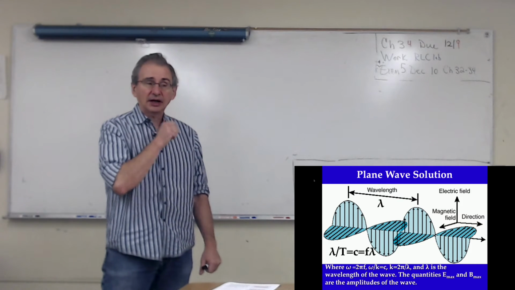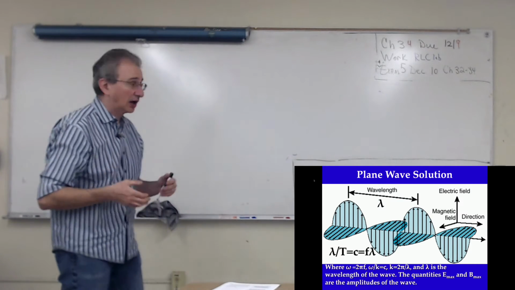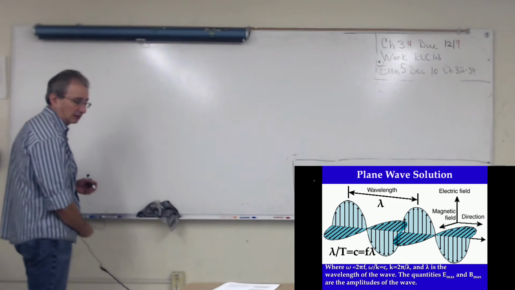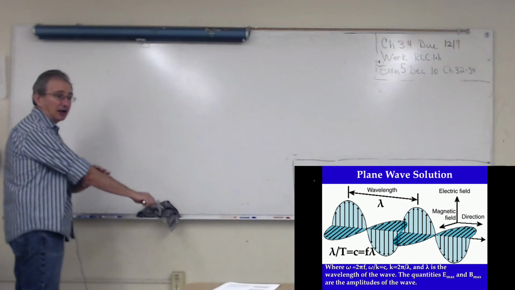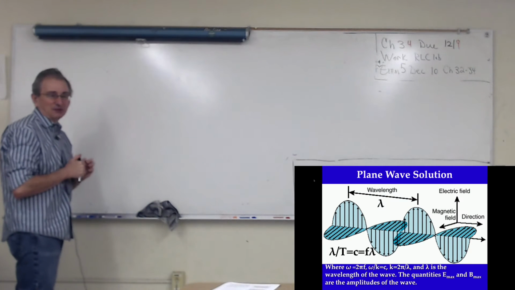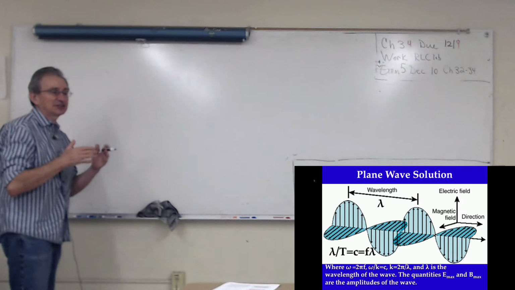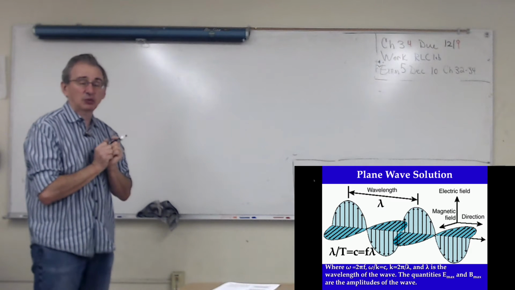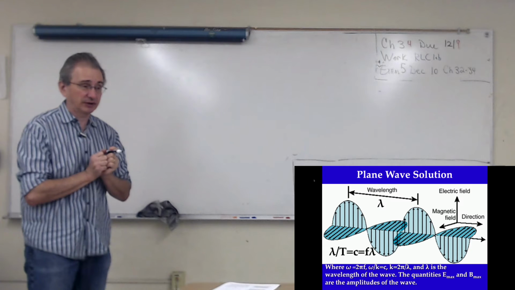Okay, so last time we began by talking about some properties of waves, okay? And this came from the solution to Maxwell's equations. Well, this came from Maxwell manipulating his equations and coming up with the wave equation, which I'm going to show you in a minute.